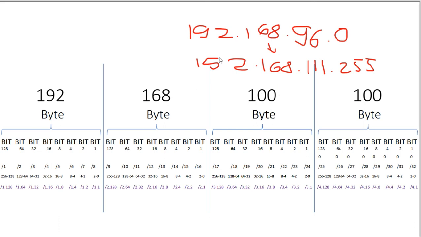So it's that super easy. If we have the network /20, this is the result.